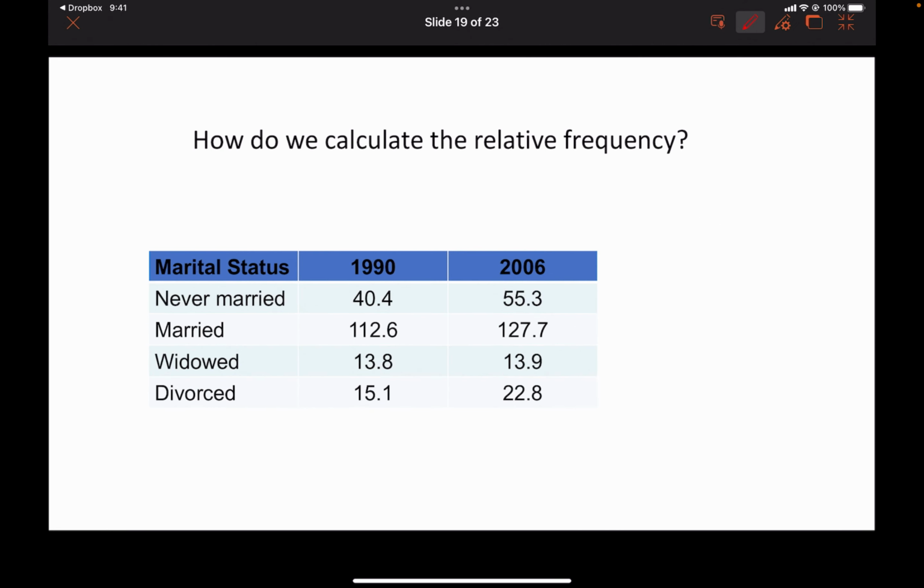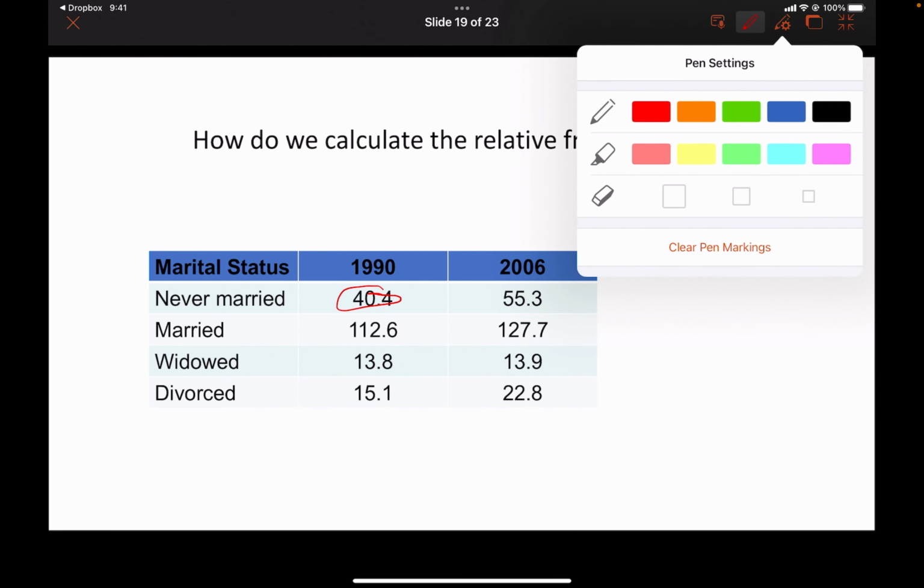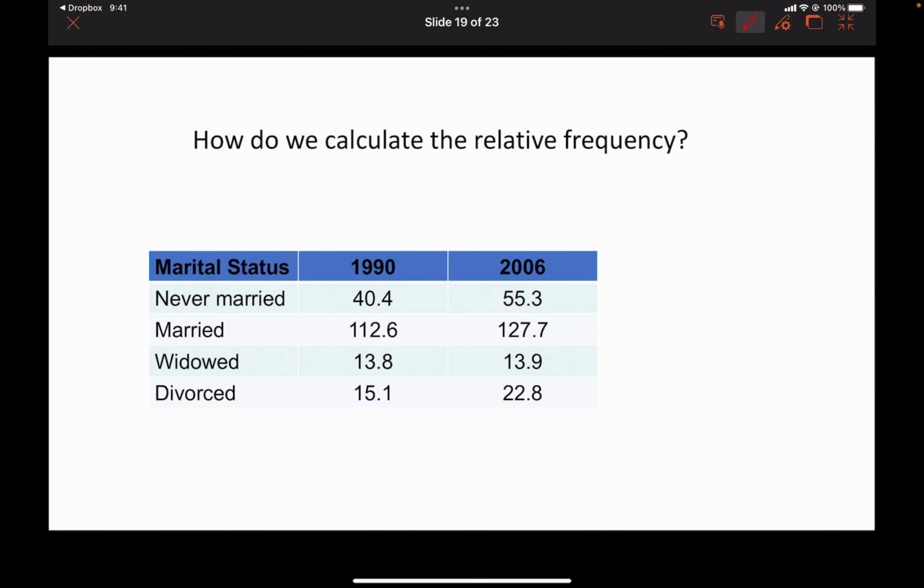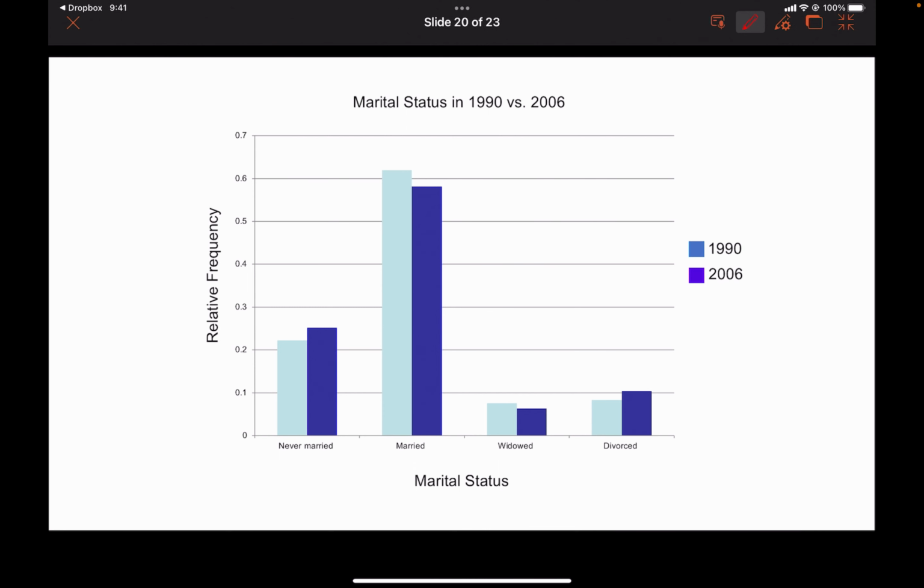Remember, to calculate relative frequency, we add all of them together to get our total, and then we put each value over that total. So let's see what that looks like. I have my relative frequency here on the y-axis and marital status here on the bottom.